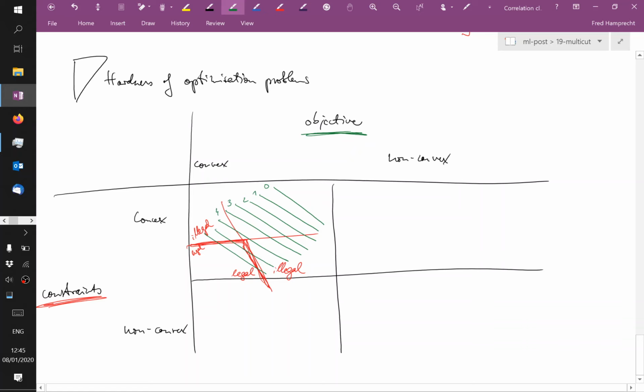So in terms of optimization, we want to go as far as we can in the top right corner, but we have these constraints in addition. And so our optimal solution in this particular case would be, for example, here. Now, when the objective is convex and the constraints are convex, the entire problem is easy.